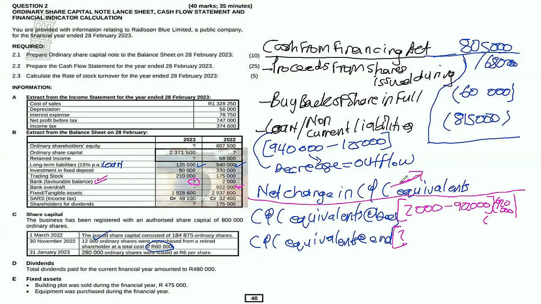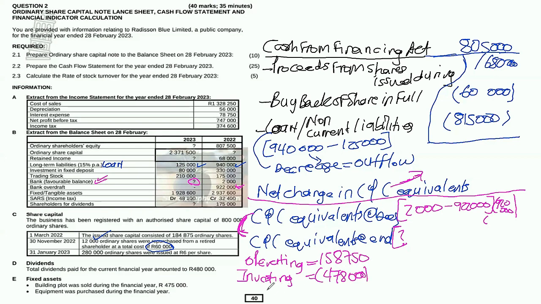Okay. So now, cash and cash equivalents. How do you calculate cash and cash equivalents without these two? Remember our operating activity, we had an amount of 158,750. And then our investing activity was an outflow of 478,000.